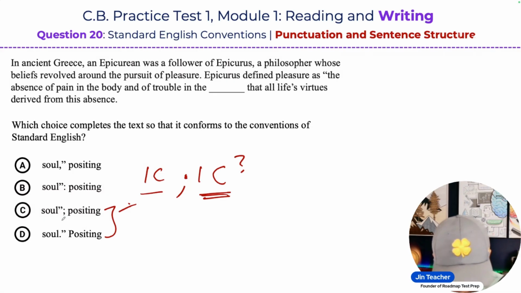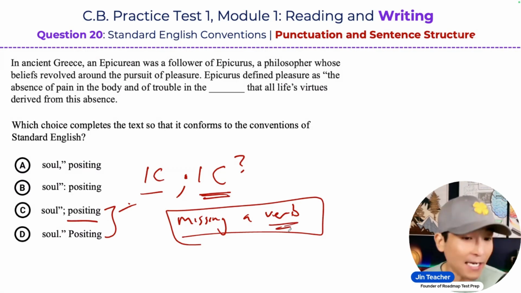So if we take a look at after the semicolon here, we read, "positing that all life's virtues derived from this absence." Okay. So now here, I notice this is not a complete sentence, right? Why? Because I notice that I don't have a verb inside of it.